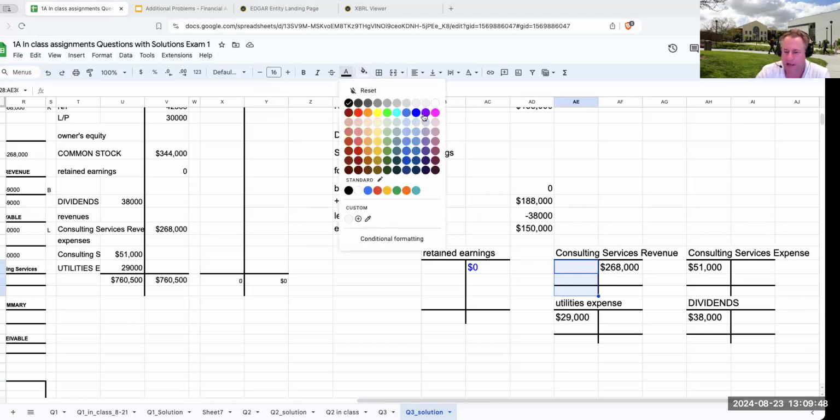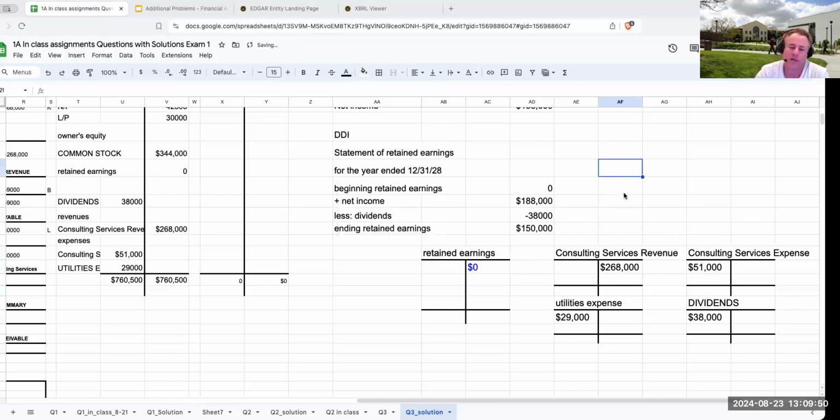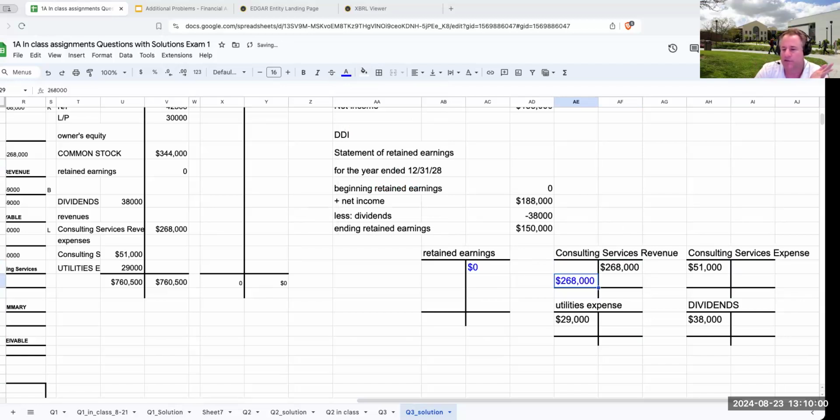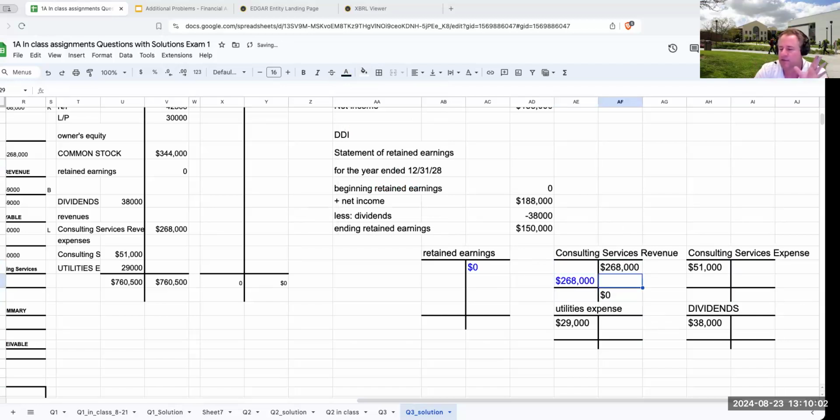When I'm closing out accounts, I'm asking myself the question, what do I need to do to make this go to zero? Well, I have a $268,000 credit. To make it go to zero, I need a $268,000 debit. Now, I subtract this from here, I get an ending balance of zero.